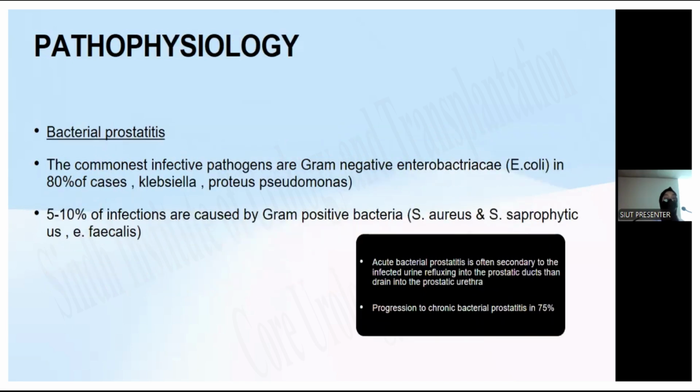Bacterial prostatitis is most commonly caused by gram-negative organisms, E. coli being the most common, and 5 to 10% of infections are also caused by gram-positive bacteria. There's a chance of progression to chronic bacterial prostatitis, especially if the causative agent is not treated in time. It happens because of urine refluxing into the prostatic ducts and then accumulating in the prostatic urethra.